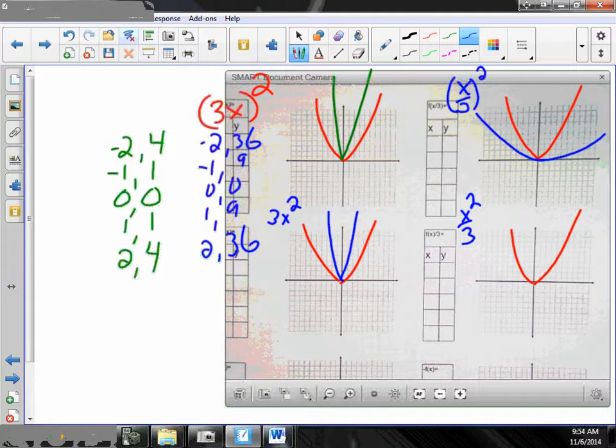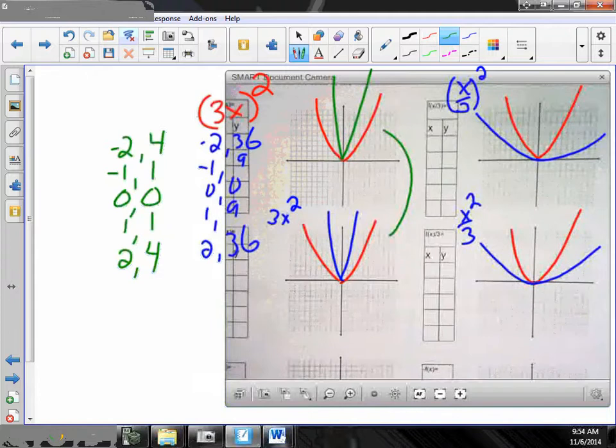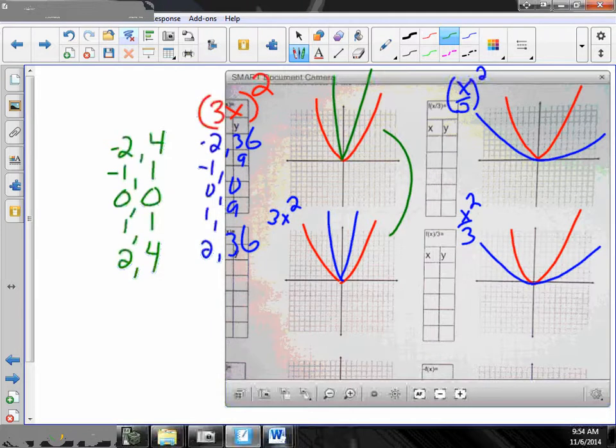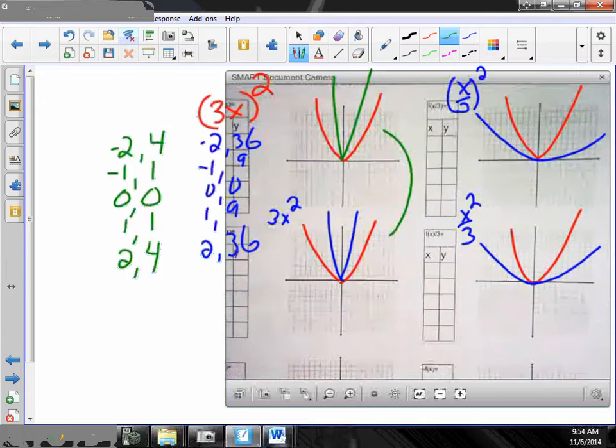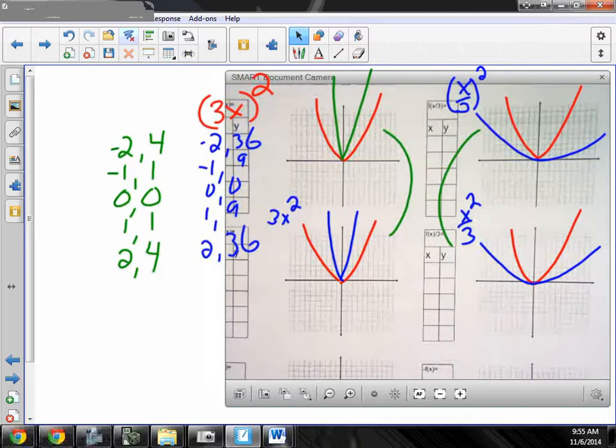It was wider. Now, are they the same? Well, sorry. Are these two the same? Not quite. Which one is taller? The first one ended up being taller. Are these two graphs the same? No. Which one is wider? The top one is wider. So let's think about what's happening. Remember, if the transformation occurs inside the parentheses, you're changing the x values.